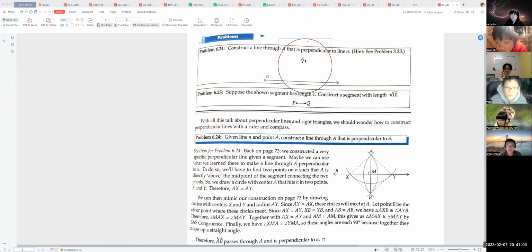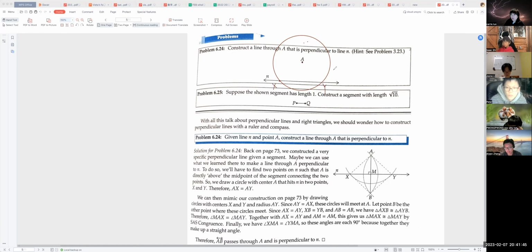I'm going to make it a little bit better, so the line just touches it, a tangent line, and then connect the points. But you don't use a ruler to connect them. Carpenters have a chalk line: you snap it and it marks the line. So first, I take A as the center and randomly draw a circle, and this circle meets the line at X and Y. Correct, everybody?